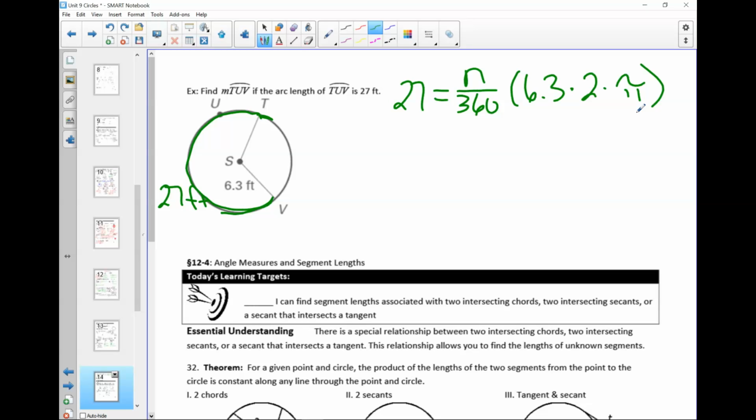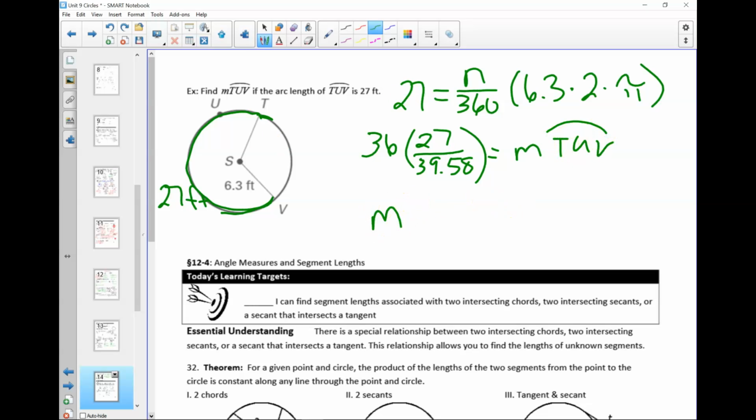What we end up doing, cross multiplying, etc., is we end up with 360 times 27 over 39.58 equals the measurement, in this case, of arc TUV.